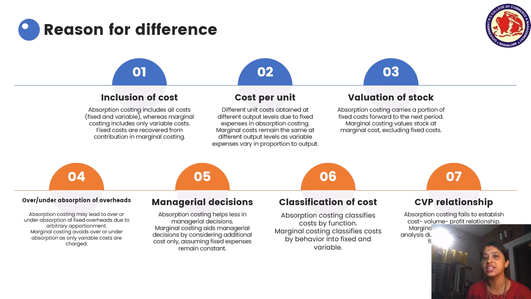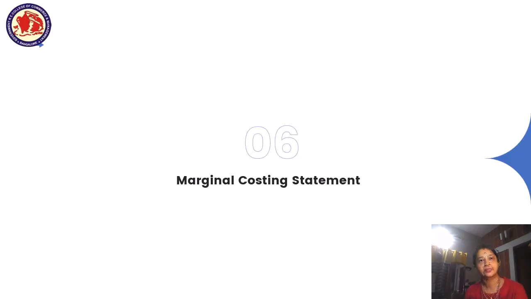How cost per unit is calculated and how stock valuation is made all explain the differences between absorption costing and marginal costing. From the university point of view, you need not study all these things. Just for knowledge's sake, you can check out the difference between absorption costing and marginal costing.